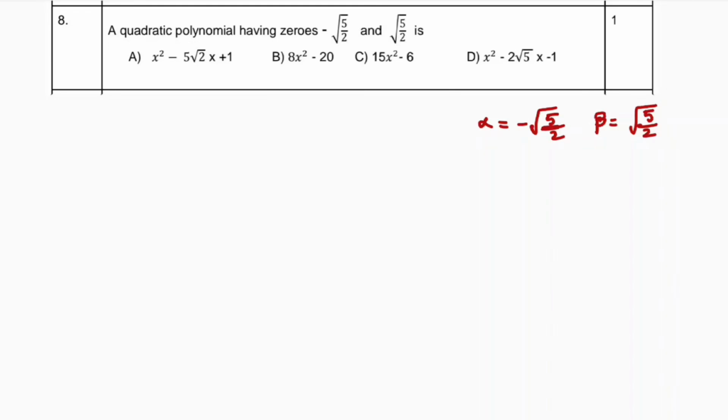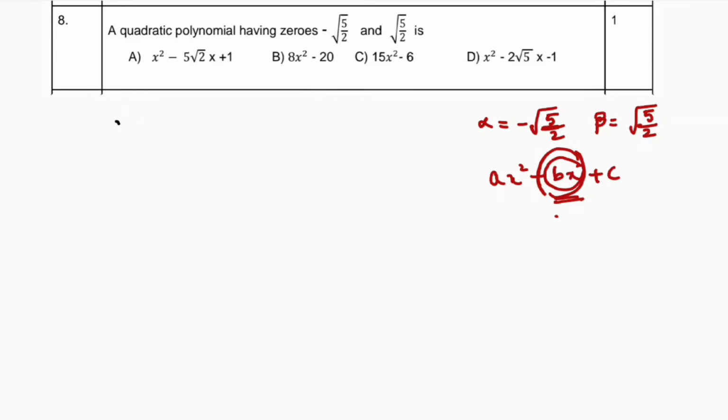I'll give one hint: when the zeros are the same but with opposite sign, I mean one zero is the negative of the other, then in the quadratic equation there will be no x term, because if one zero is negative of the other, the sum of the zeros will be 0. So the bx term will not be there. So the option is B or C. You can check directly by taking B or C, or with the formula also I'll find.